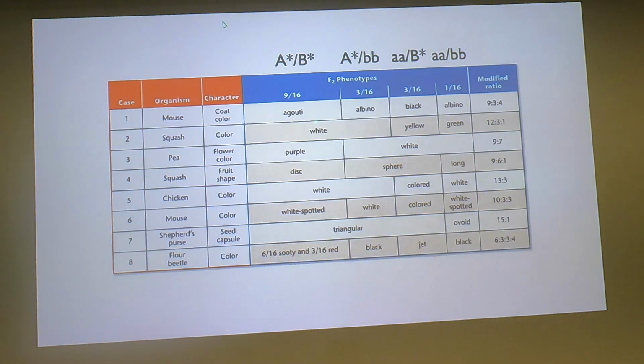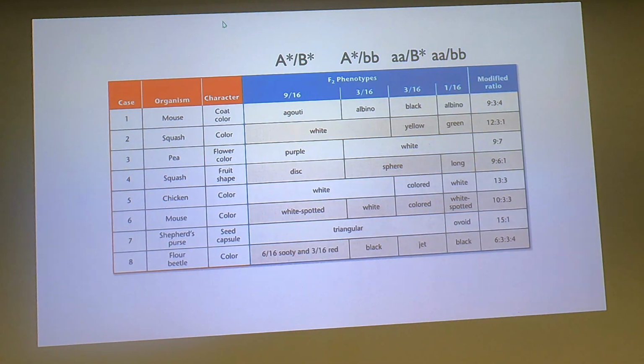Okay, so one way we might explain this first row is, we've got the wild type phenotype as a product of two dominant alleles at two loci. That's all we care about there. If the B locus is recessive, it's going to be albino. And look, that's what's in common here and here.